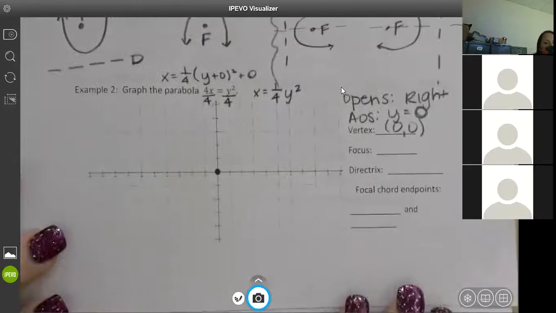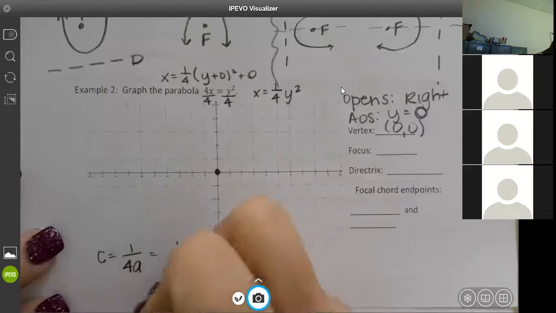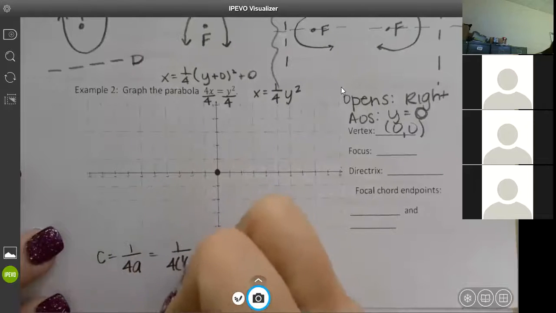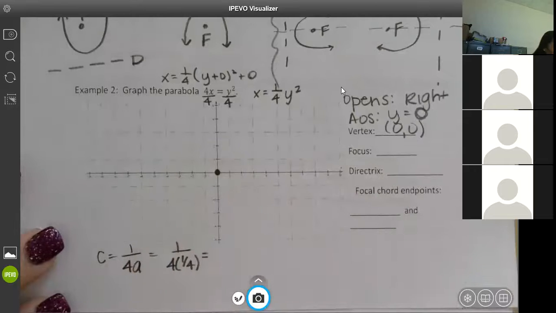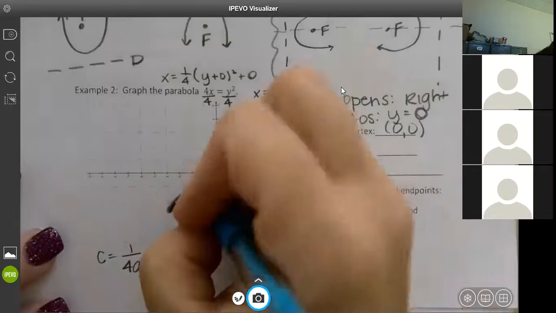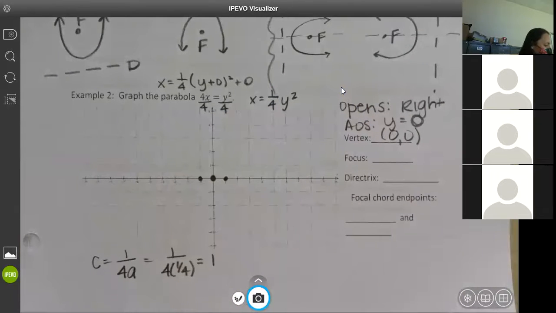To find our focus, directrix, and focal chord endpoints, we're still going to do C equals 1/4A. A was 1/4, which gives us what? 1. So before we were going up 1 and down 1 because it was Y equals. So now instead we're going to go left 1 and right 1.